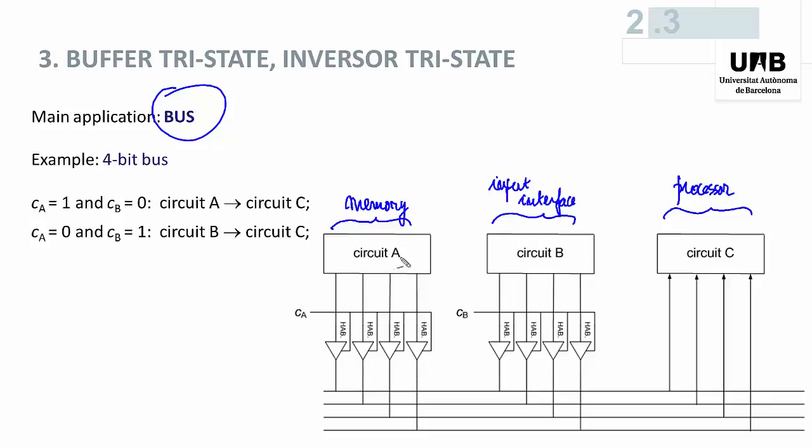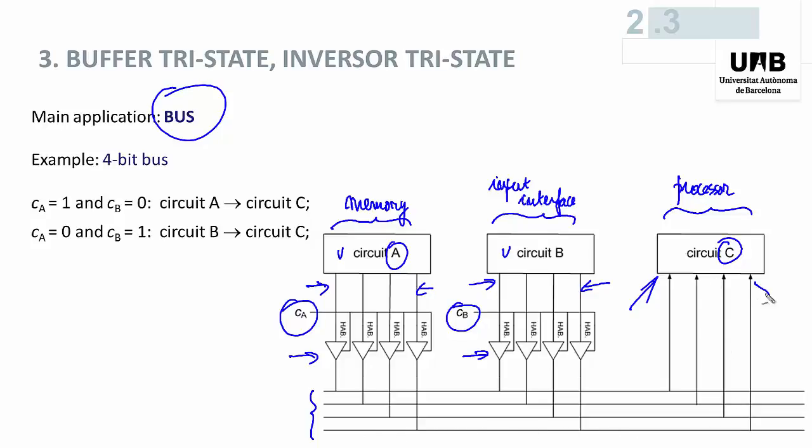Well, in this case, A and B must be able to transmit data to C, but you cannot connect the outputs of A and B directly to the inputs of C. In order to avoid collisions, three-state buffers are inserted between the A outputs and the set of input connections to C, and also between the B outputs and the inputs to C. So, if we have to send the data from A to C, then CA must be equal to 1 and CB equal to 0, so that the output of A is connected to the bus lines and transmitted to the C inputs.